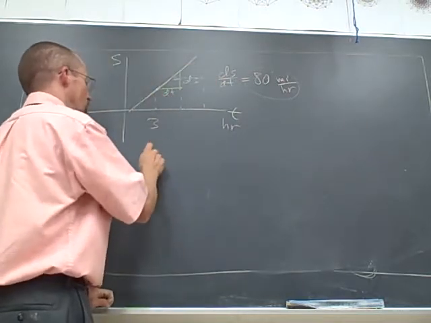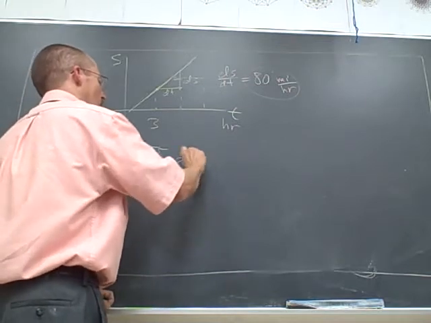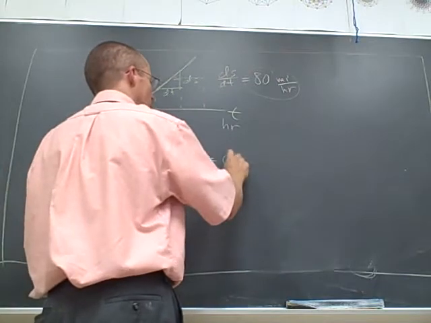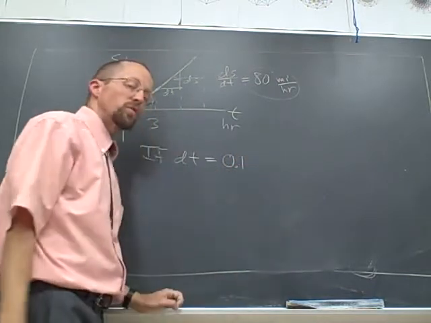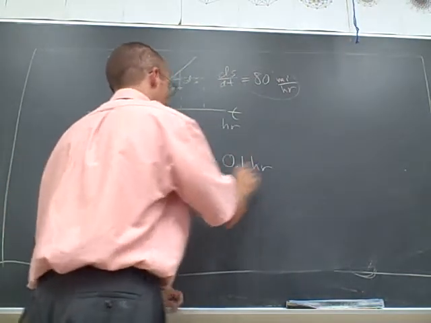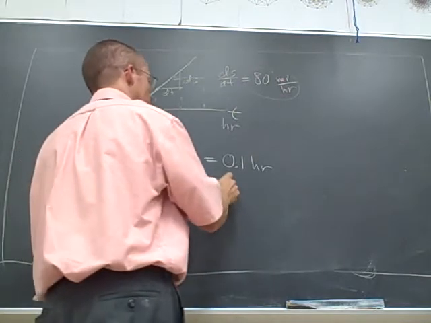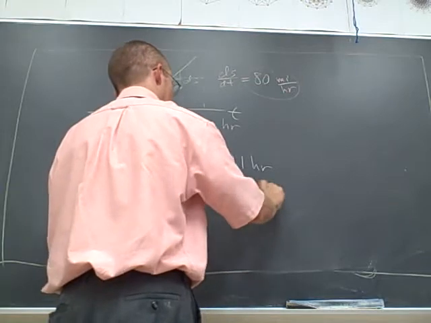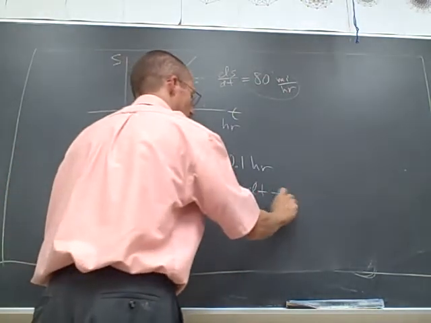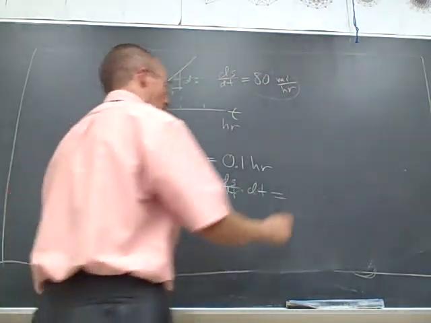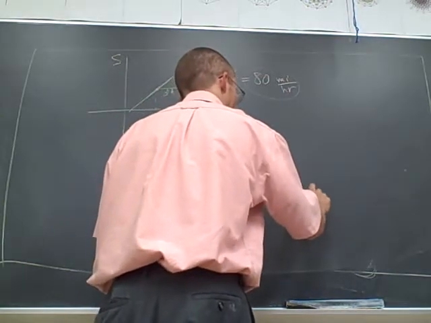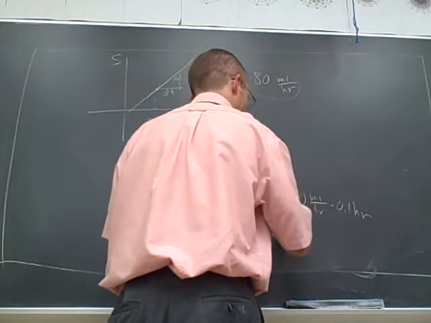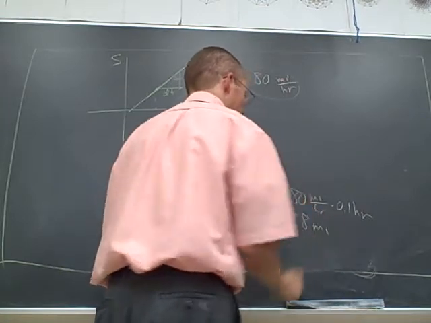So a version of that would be, suppose I wait another 6 minutes after 3 hours. In other words, 0.1 hours. Then ds is just going to be ds/dt times dt, because they cancel. And that's 80 miles per hour times 0.1 hours, which is 8 miles.